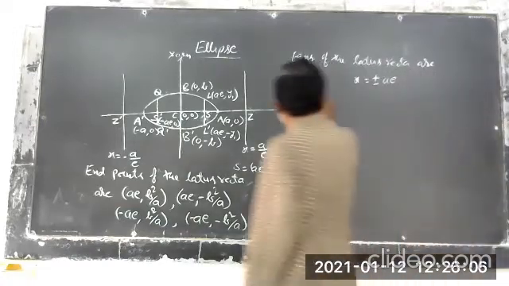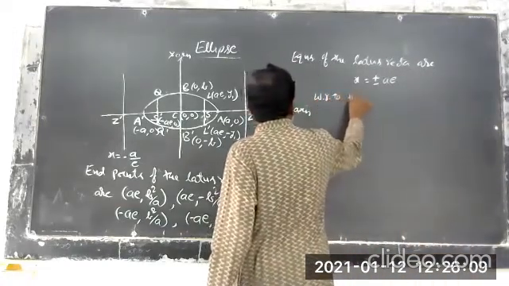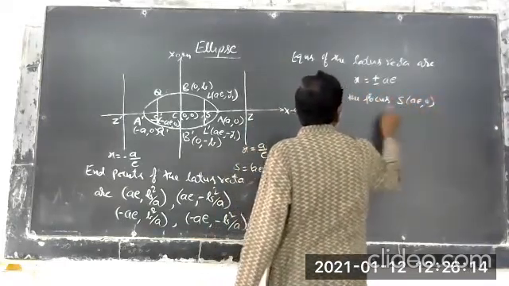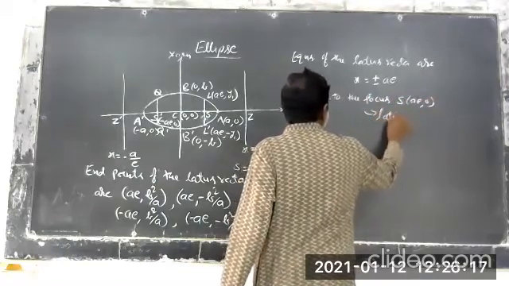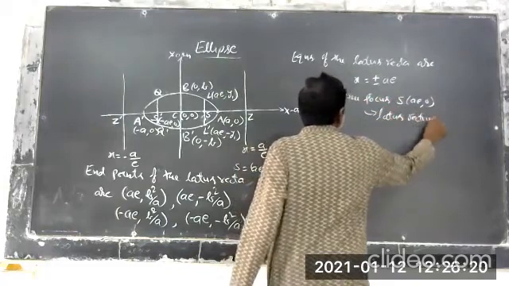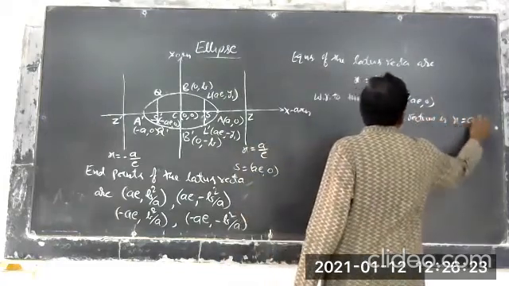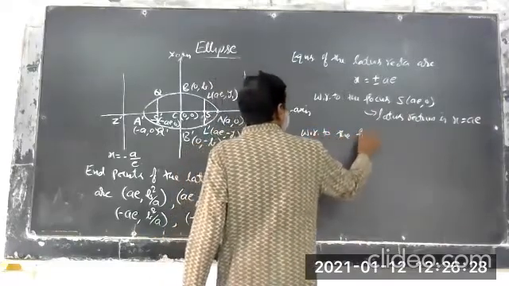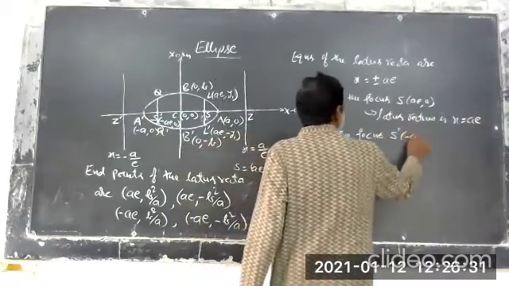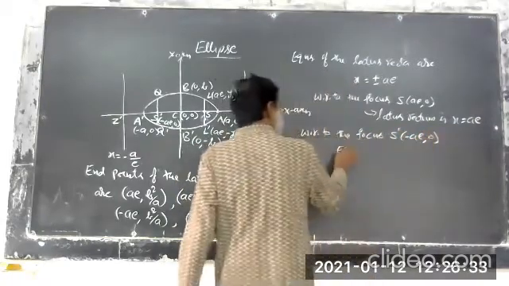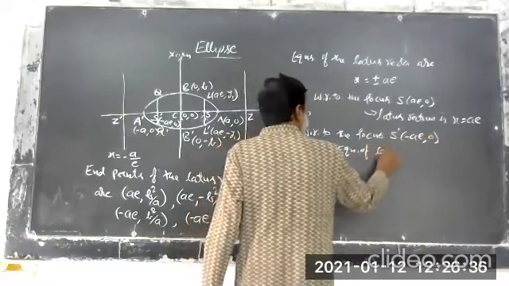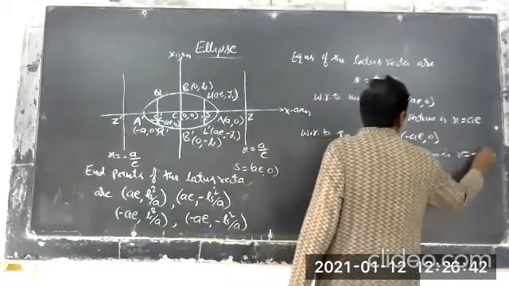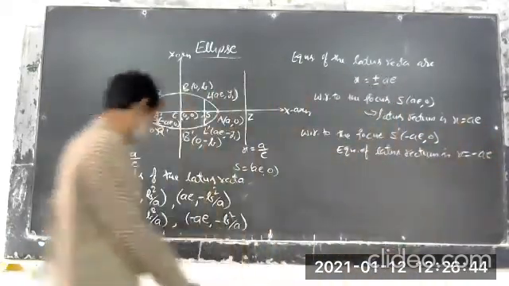Which means with respect to the focus S (AE, 0), the latus rectum is x equal to AE, and with respect to the focus S dash (minus AE, 0), the equation of the latus rectum is x equal to minus AE.